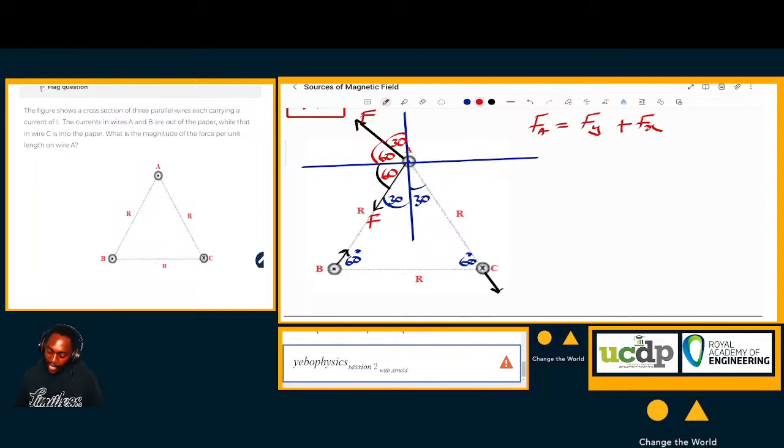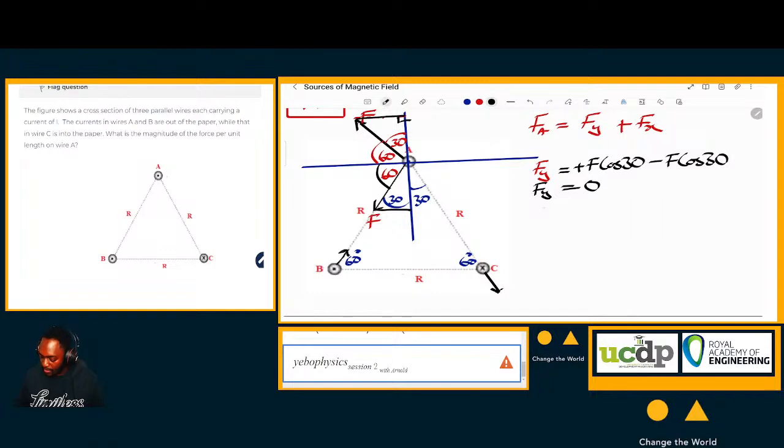Now, if you look at Fy and you are resolving along the y-axis, if you close and have a right angle triangle there, if you resolve along the y-axis, that is going to be equals to a positive F cos 30. And if you resolve on the negative y-axis, this is going to be negative F cos 30, which means F in the y is equals to 0.